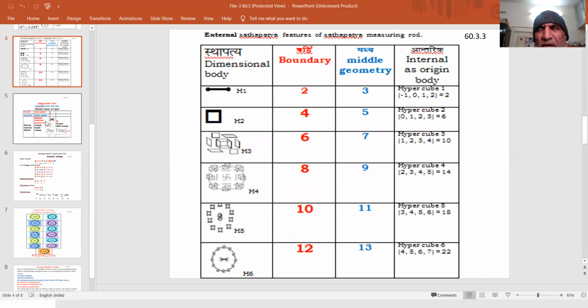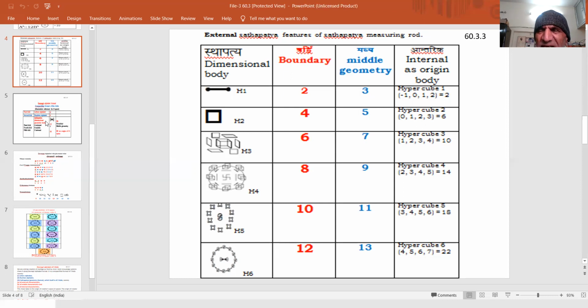This way, when we are parallel with the Sathapatya geometric formats of dimensional bodies of interval, square, cube, hypercube 4, hypercube 5, and hypercube 6, then of these dimensional bodies, 3 distinctive features, namely of boundary, of a middle geometry, and of an interval as origin body, deserve to be comprehended well.